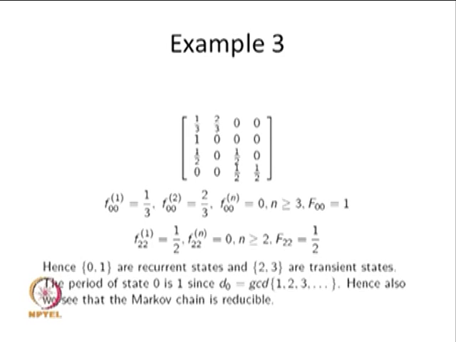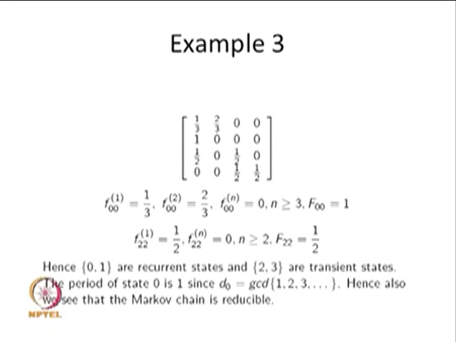Therefore, this Markov chain is going to be a reducible Markov chain. It is a reducible Markov chain because the whole state space S is partitioned into one closed communicating class, which consists of states 0 and 1, and the transient states 2 and 3.